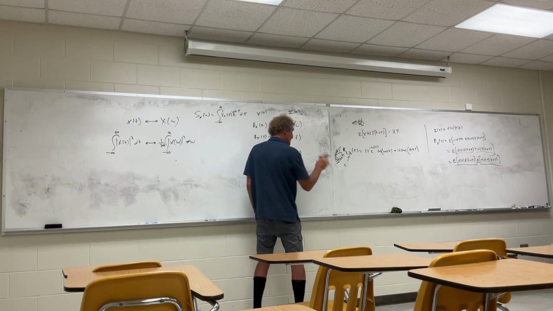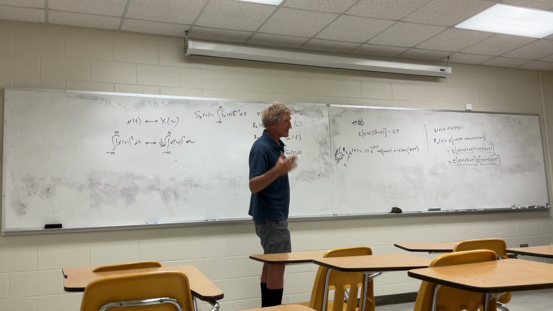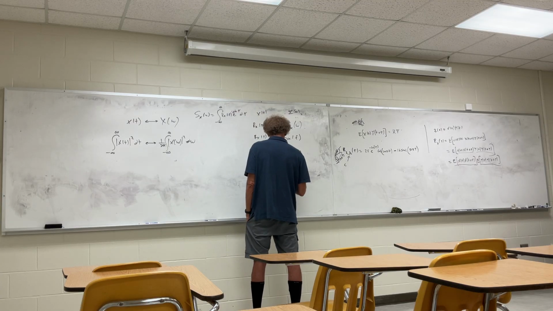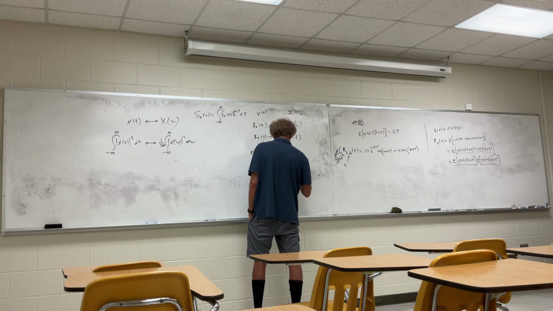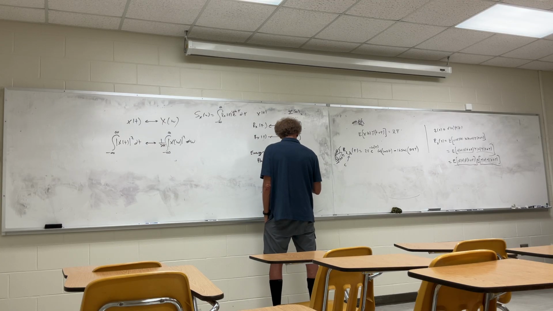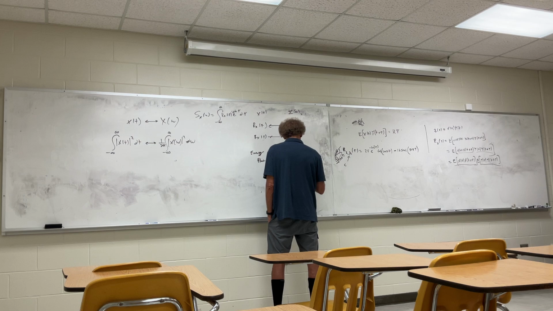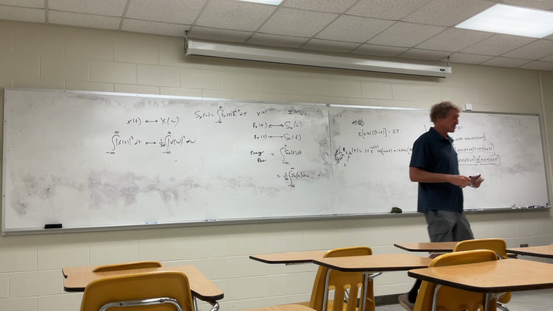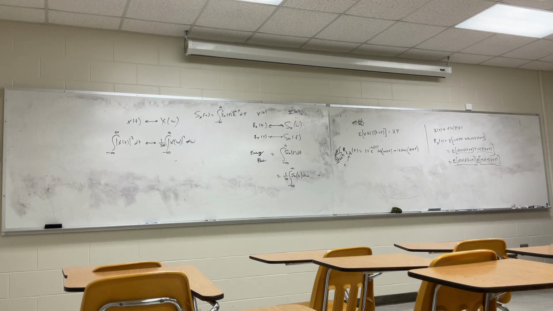That will give you the amount of power or energy, depends if it's a power signal or an energy signal, or you can take 1 over 2 pi, the integral from minus infinity to infinity of S_x of omega, d omega.